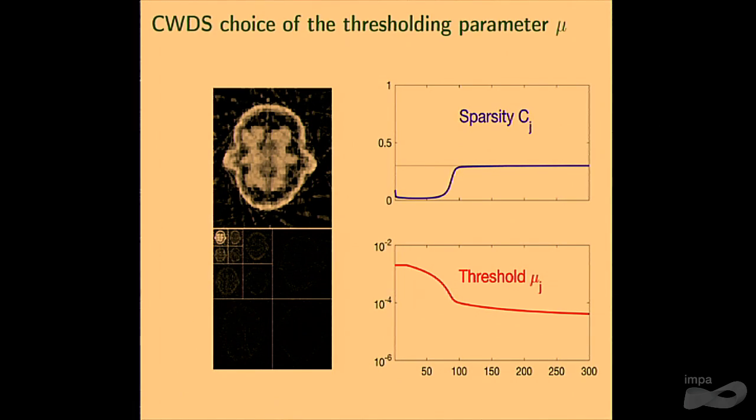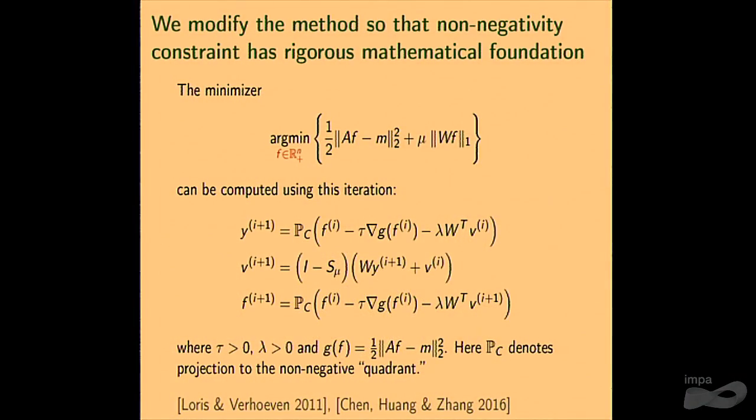On the other hand, and this is maybe another defense against the hard thresholding suggestion, for this soft thresholding iteration we have a nice mathematical proof that it converges for a fixed mu.